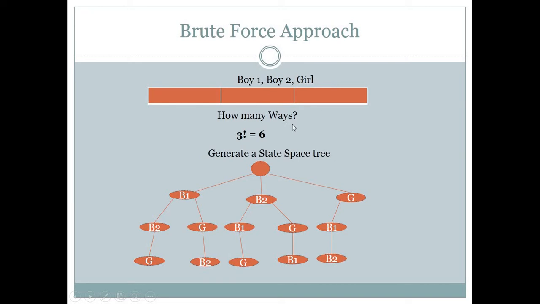And on the first space the girl sits, on the second space boy 2 sits, so on the last space boy 1 will sit. So these are the 6 ways in which these 3 persons can sit onto these available spaces.